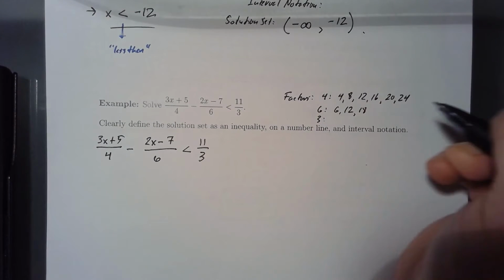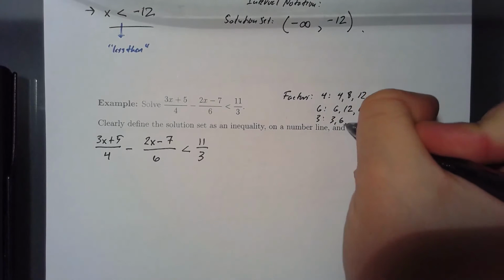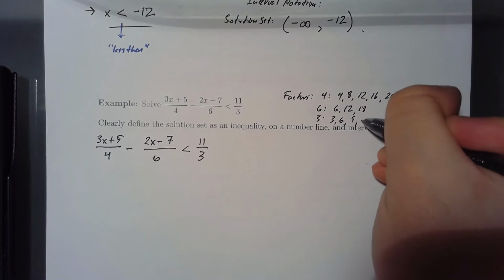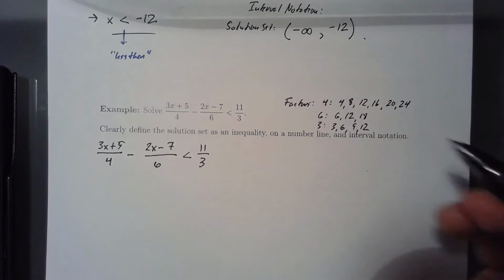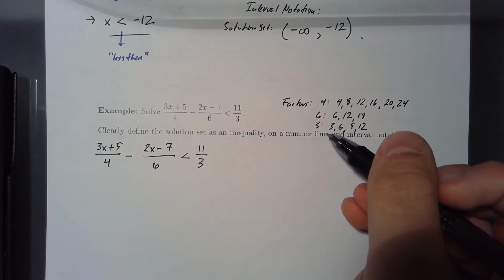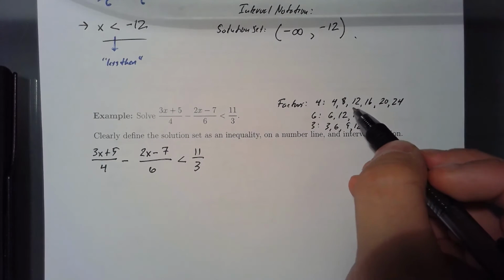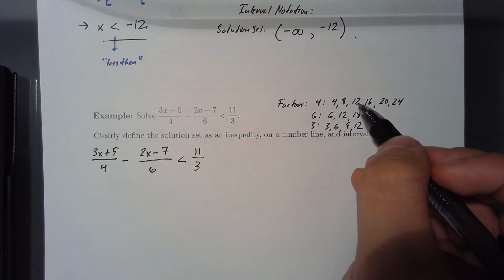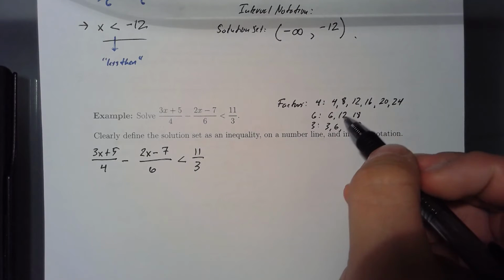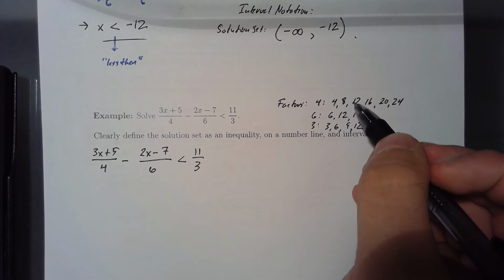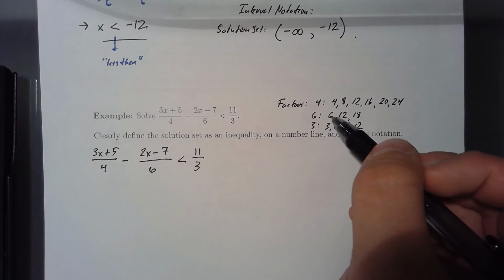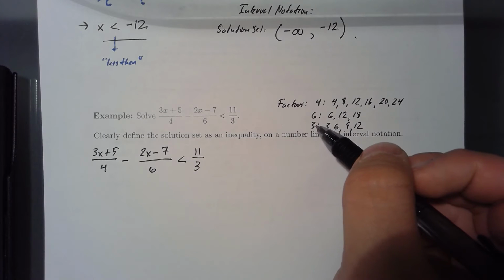Multiples of 3? 3, 6, 9, 12. Hey, look at that. So what's a common multiple they have? They all have 12, right? That's the lowest common multiple they have. So 4 times 3 is 12, 6 times 2 is 12, and 3 times 4 is 12.